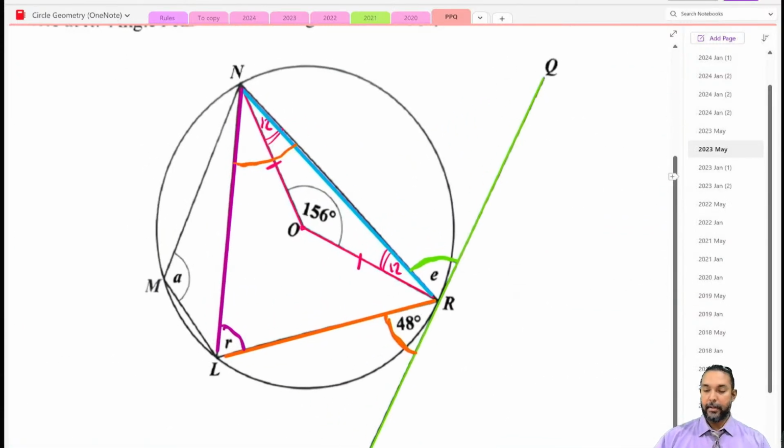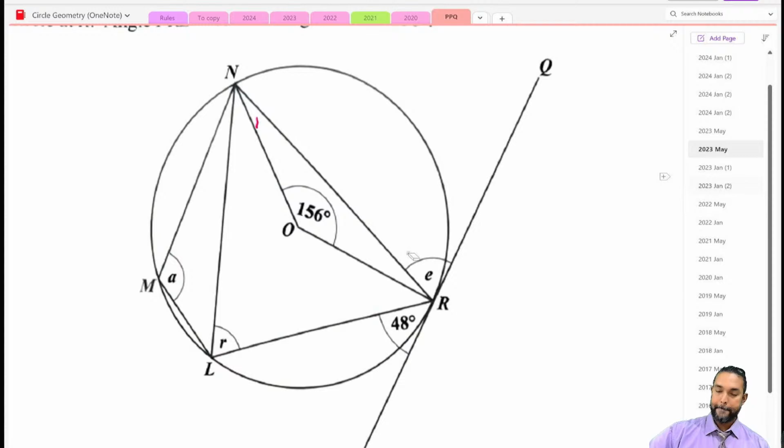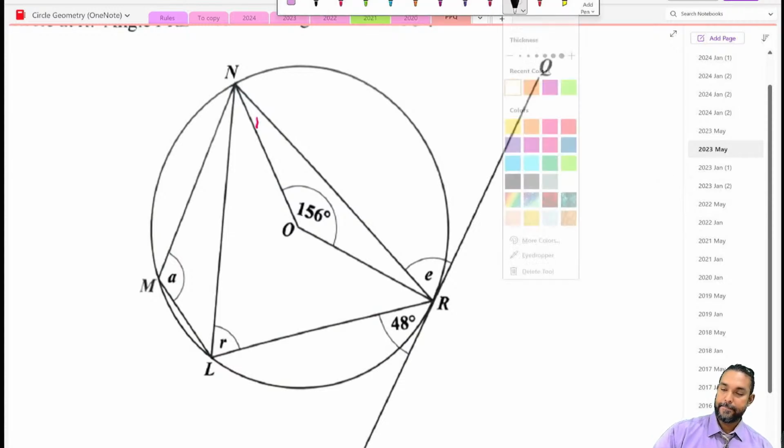I'm going to erase some colors here, because I want to blank out some colors now.